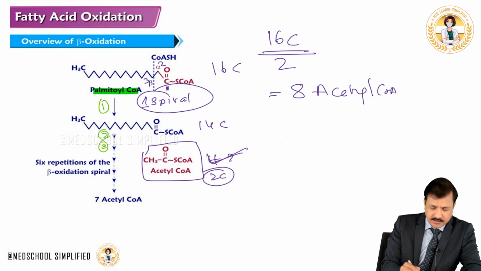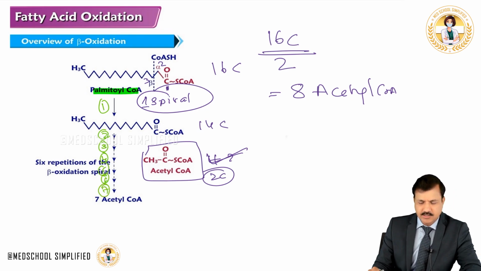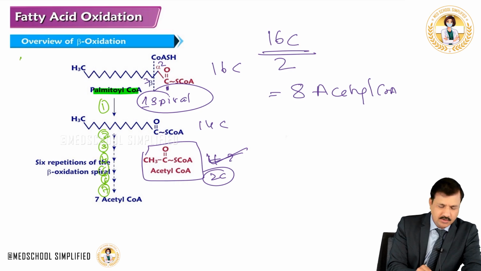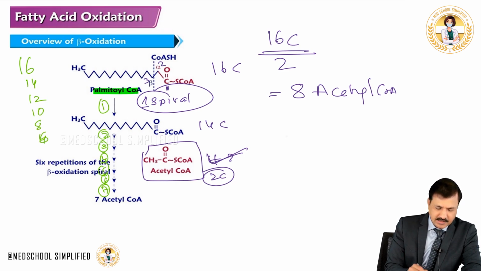Then the third spiral, 4, 5, 6 and 7. So a total of 7 beta oxidation spirals. First spiral to second spiral, it is 14, 14 to 12, 12 to 10, 10 to 8, 8 to 6, 6 to 4, and then 4 breaks into 2 plus 2, that is 2 carbon acetyl-CoA.